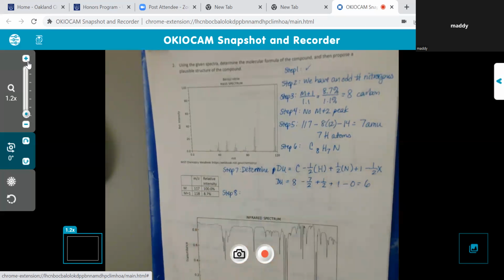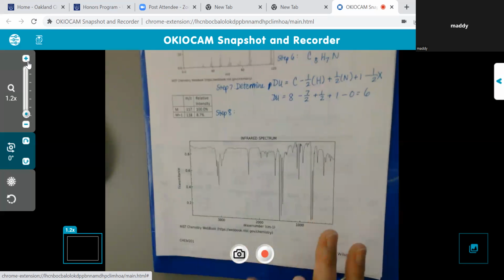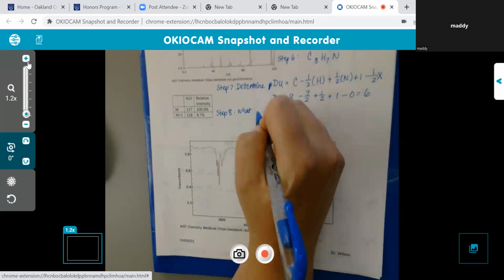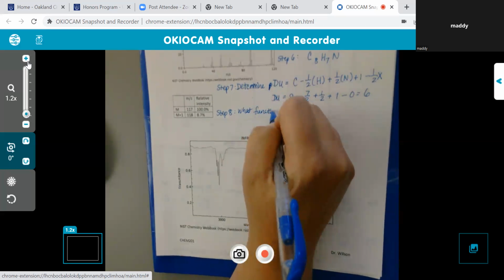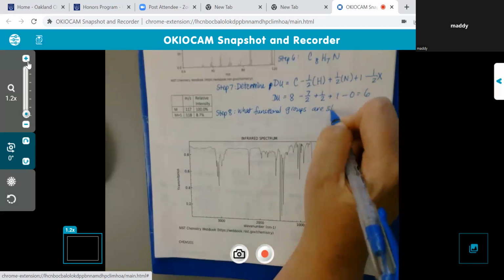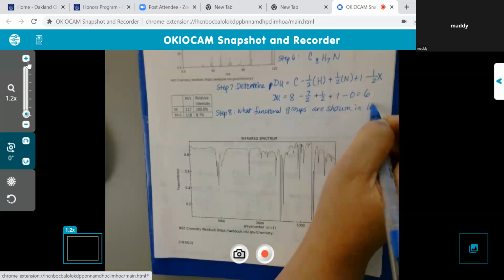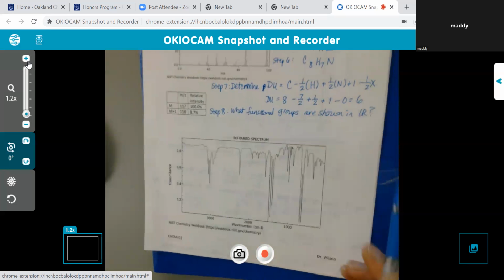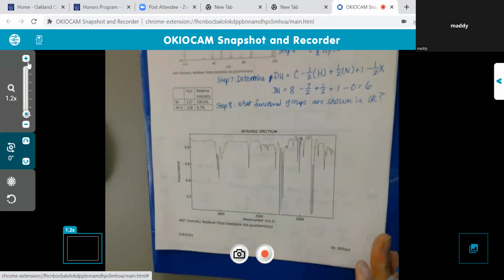Okay, now the next step, or step 8 for a case like this, is what do we see in the IR? Because that will help us determine what these 6 degrees of unsaturation are caused by. So in the IR spectrum, what do we see? We see a couple different things, don't we?